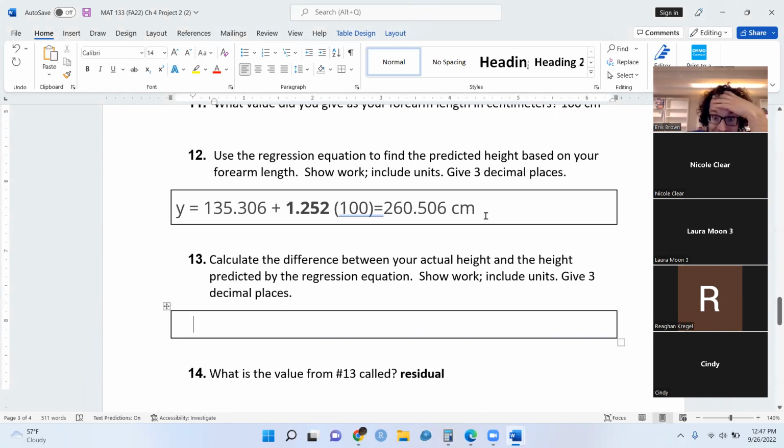Does everyone know what to do in 13 now that we have this answer? Okay. Nailed it.